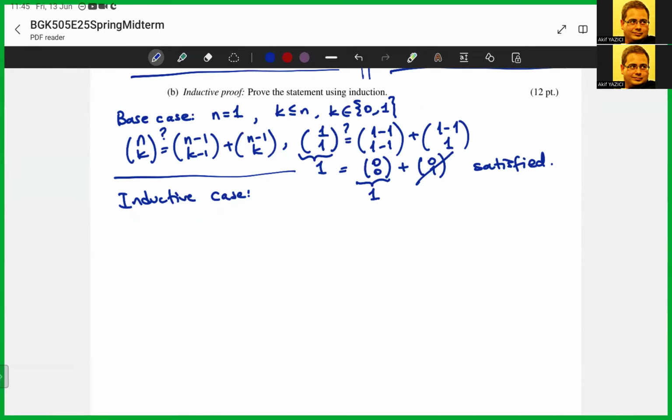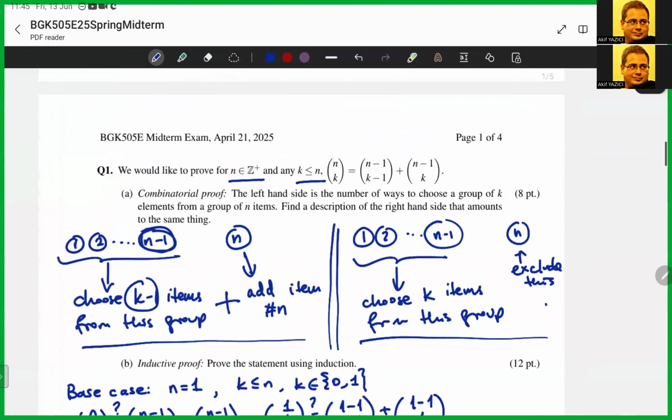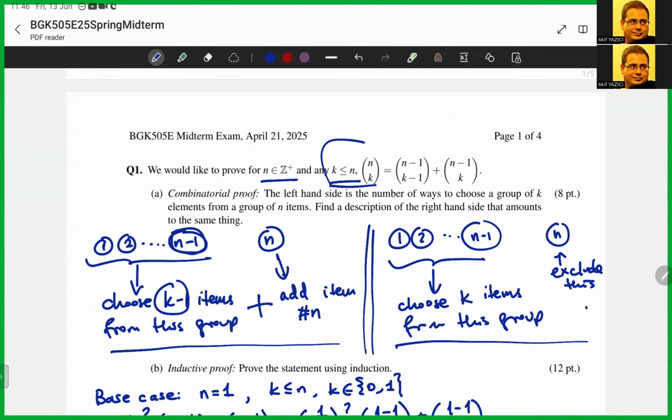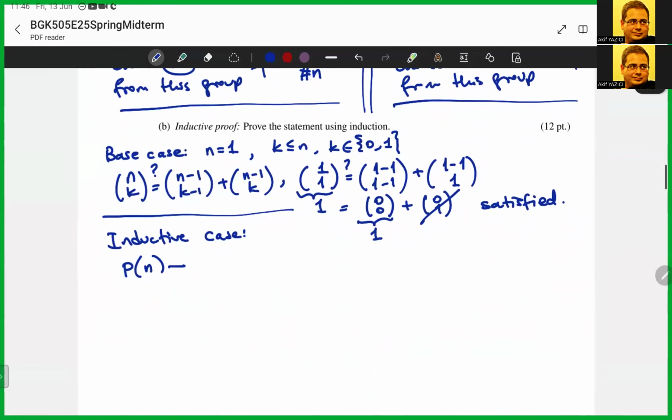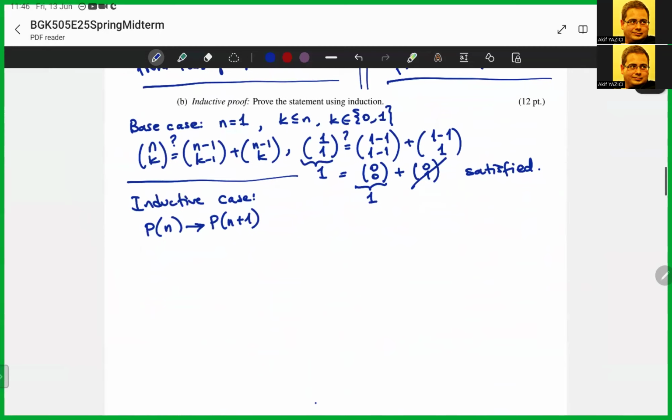So my inductive hypothesis or assumption is going to be P(n), which is precisely this statement here. So I'm going to assume this is true. And based on this, I want to show this implication. What I want to prove is the implication itself.